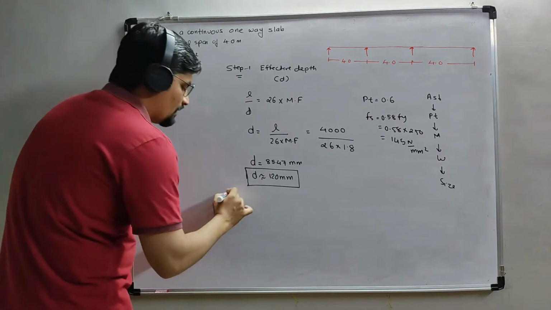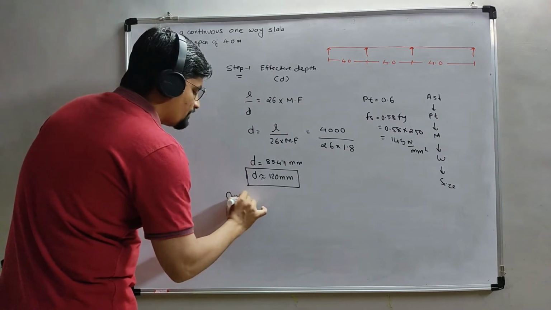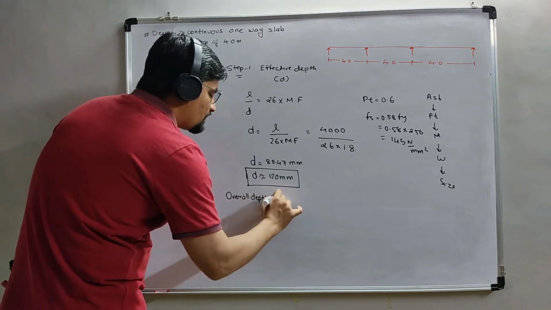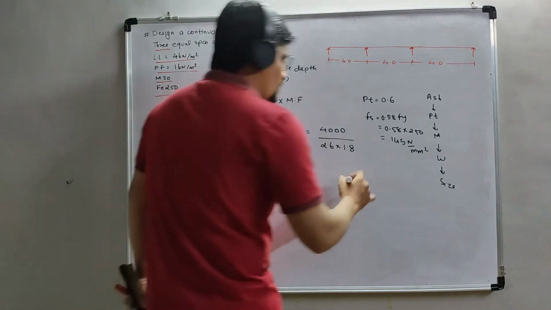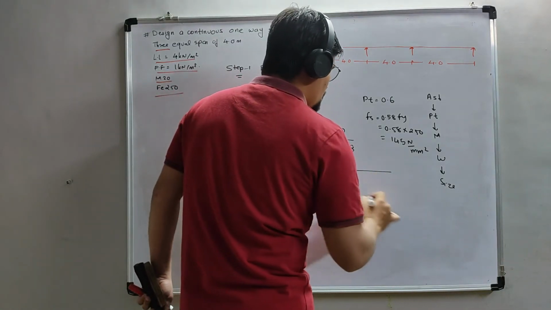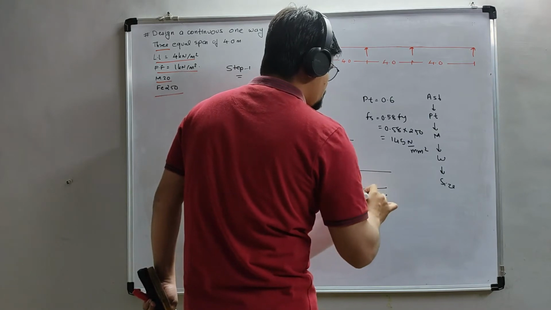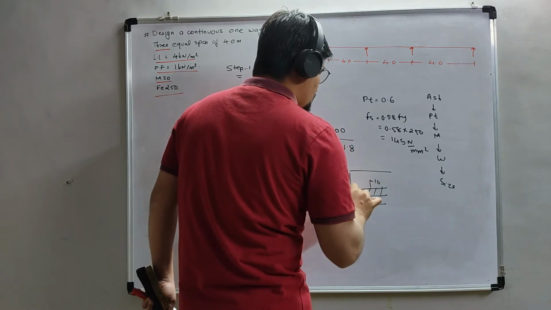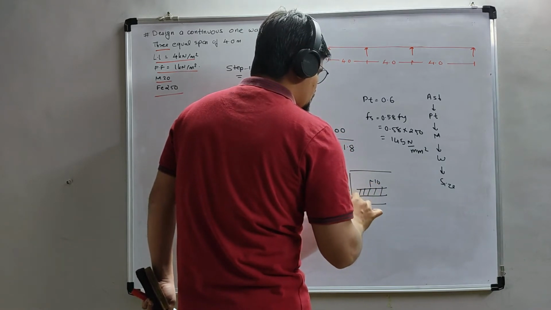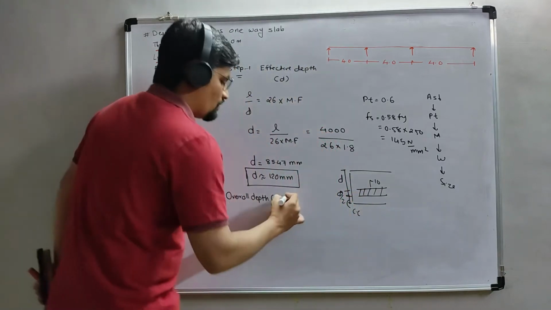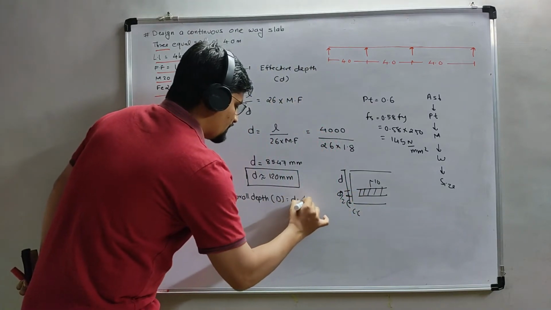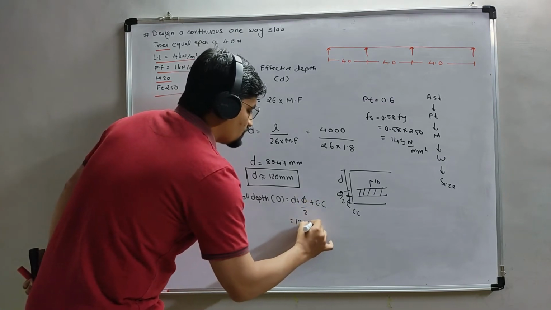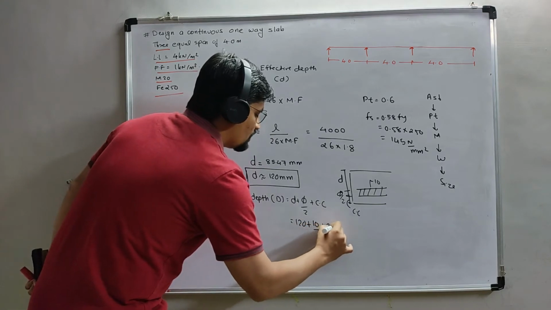On the basis of effective depth, we will find the overall depth. Overall depth means capital D. As I show in the figure, if this is our effective depth, then this is the diameter by 2 and this is the clear cover. So the overall depth will be d plus diameter by 2 plus clear cover. It will be 120 plus 10 by 2 plus clear cover.